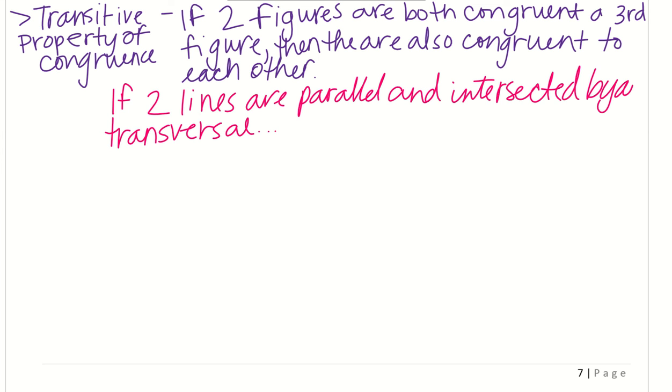And the first one we're going to talk about is the same side interior angle postulate, and I'm going to abbreviate it as SSI angle postulate. And I'm even going to abbreviate the word postulate, P-O-S-T.